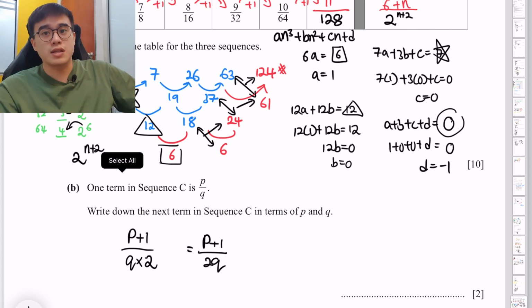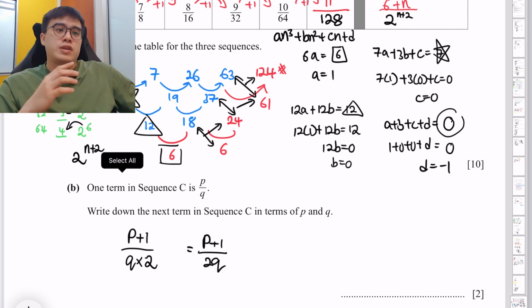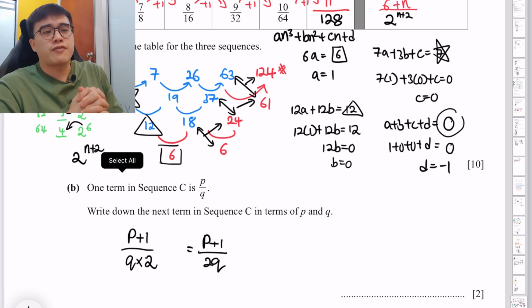That's how you trace it instead of using our n term sequence there. It wouldn't help at all because you're identifying from P to the next following value. So P plus 1 will do for the numerator, and for the denominator you get Q times 2 as your final answer. So that's pretty much it for this set 42.